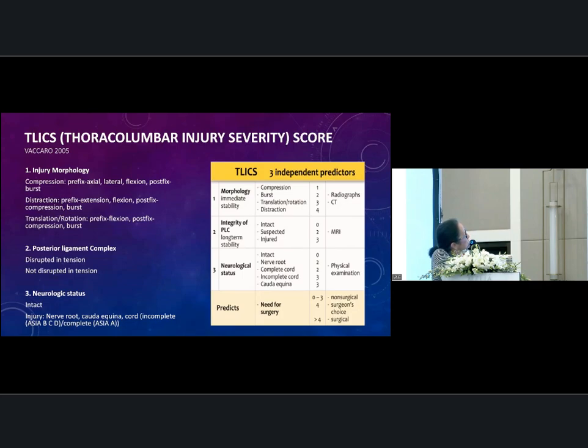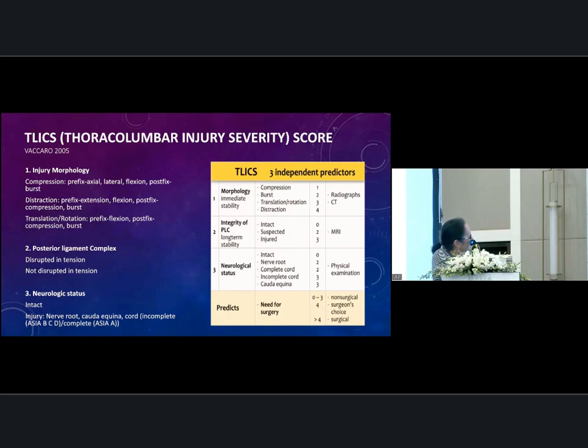So the first thing they look at is injury morphology. There's compression, with different prefixes: compression axial fractures, lateral flexion or burst compression fractures, distraction, translation, rotation. The next is the posterior ligament complex. They look at whether it's disrupted in tension or not, because the posterior ligaments indicate the integrity of the tension band, which gives an enormous amount of stability in the spine and sagittal balance, which Dr. Awad will probably talk about.